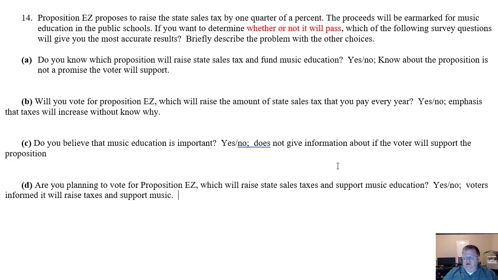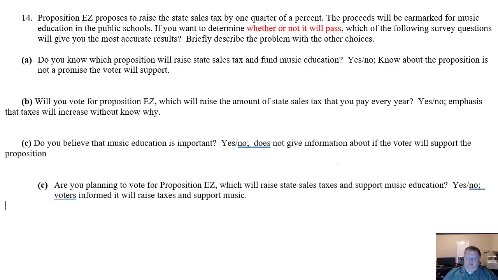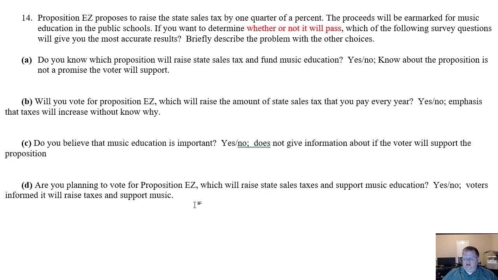They're told what will happen and what it's for. And so a yes here will definitely tell you if they're going to support the proposition, and a no will definitely tell you an informed decision. I got rid of my D here, bring it back. Okay, so this is the best, this is the least biased question.